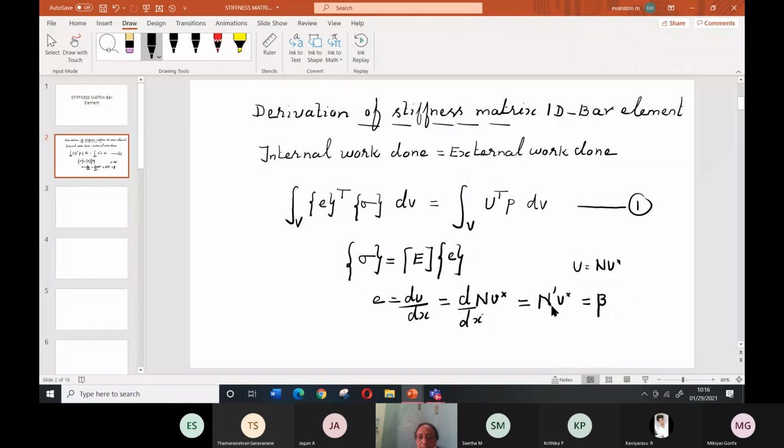That is, beta is the derivative of N. So just copy down. After this one, you copy down. So the strain I have taken as beta into u star.